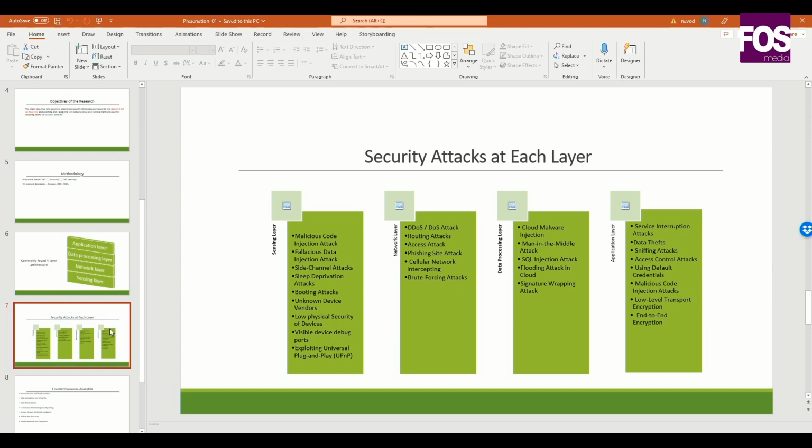If it is a web application, they will try to compromise the vulnerabilities in that web application, and eventually try to compromise the entire application. That is basically how these security attacks target each of these layers, and it was found that all four layers in this IoT architecture are vulnerable to most of these attacks.